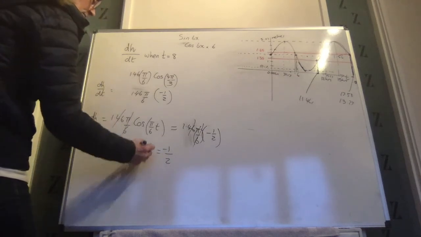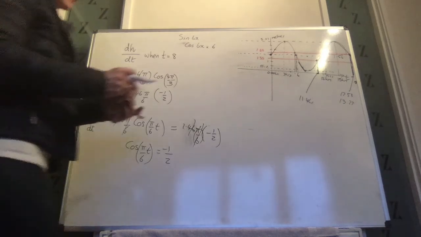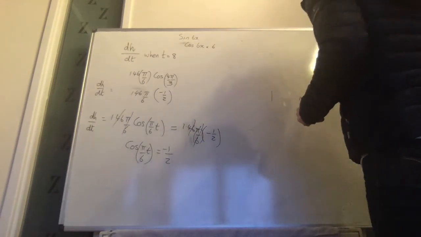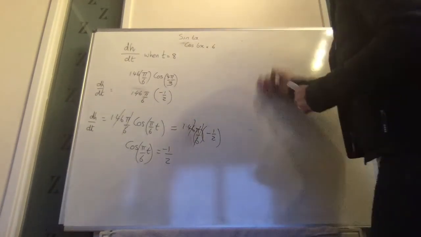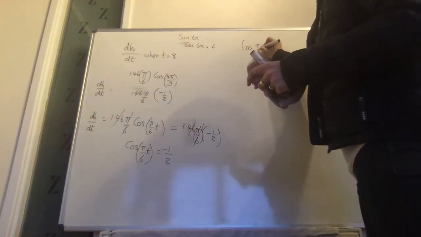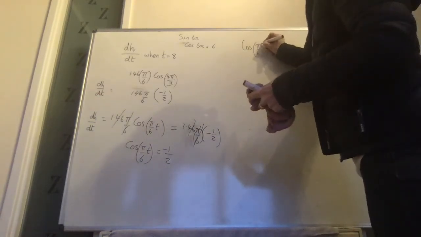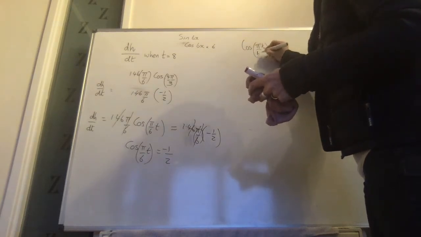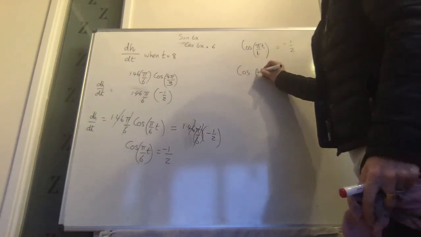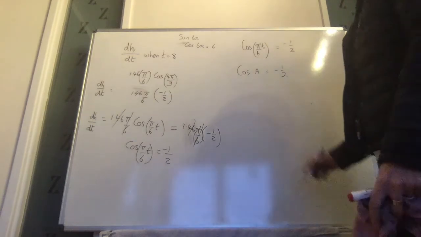So for what values of t is cosine of pi over 6t equal to minus a half? So let's just say cosine of A is equal to minus a half. What are the values of A for which cosine A is minus a half?